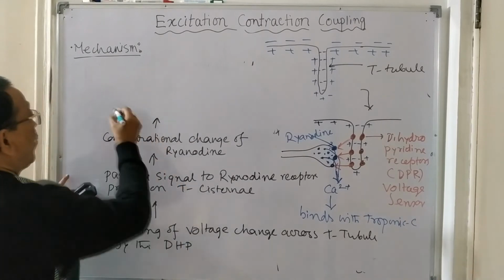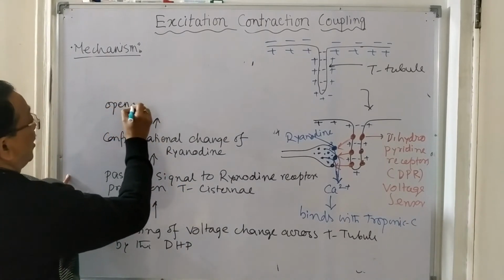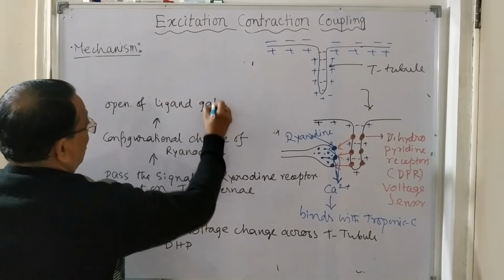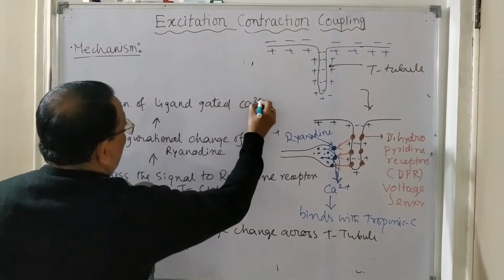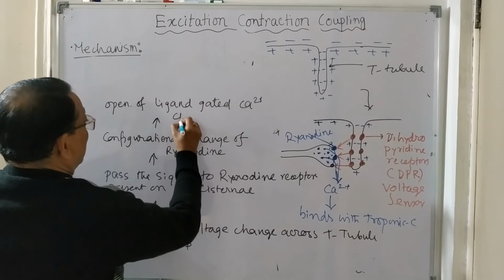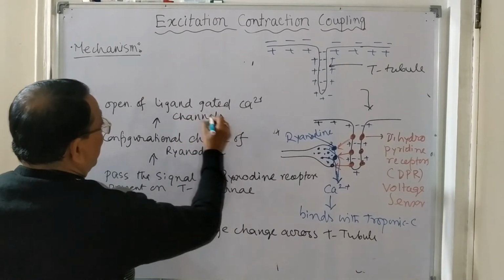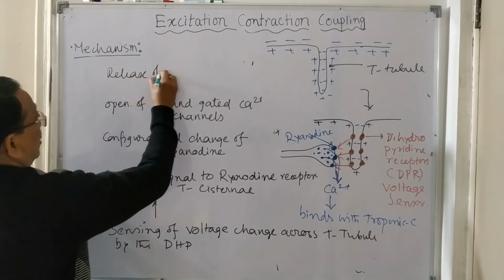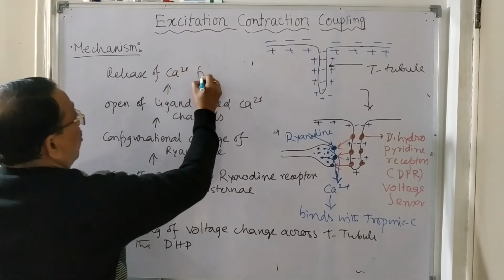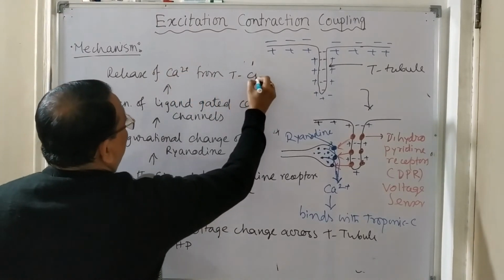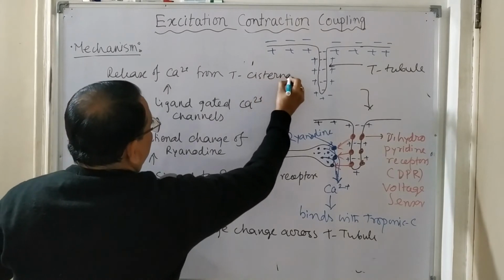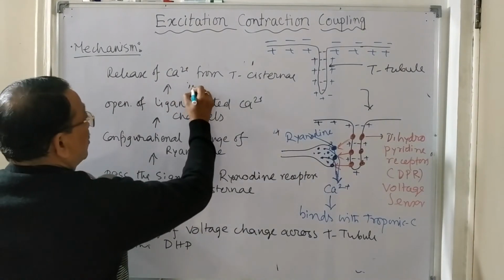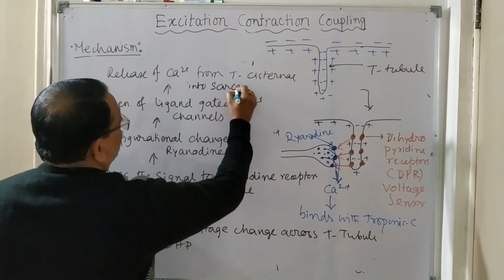This configurational change of the ryanodine receptor means the opening of the ligand-gated calcium channels. So there is release of calcium ions from the terminal cisternae into the sarcoplasm.